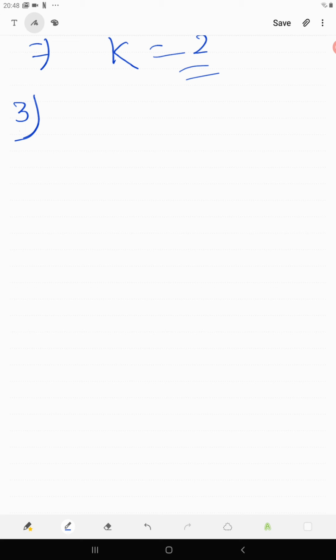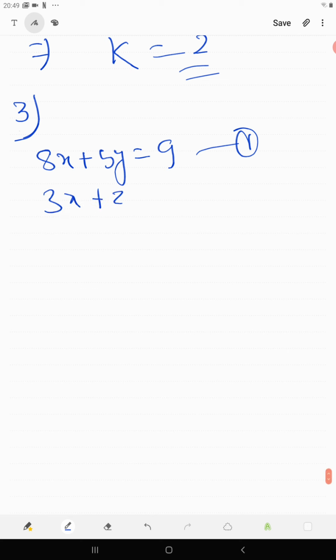Substitution we already did, but let's do it again. The first equation is 8x plus 5y equals 9. For substitution we don't need to bring the constant to the left hand side, so I'll write it as it is. This is our equation 1, and 3x plus 2y equals 4. This is our equation 2.